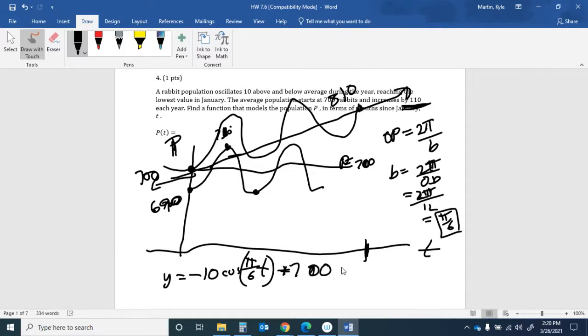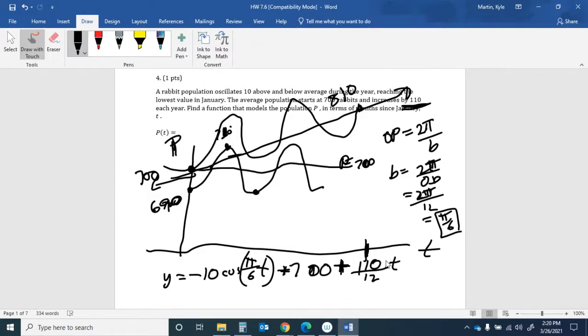I need to add something to be able to account for this increasing yearly population by 110 units. It's going to be 110 over 12 times t.